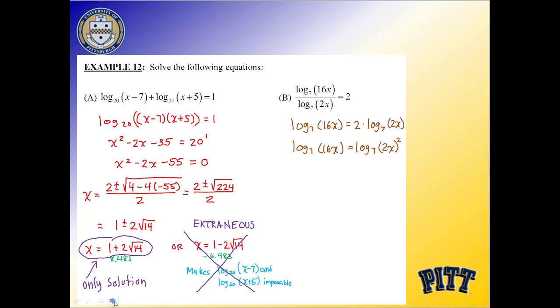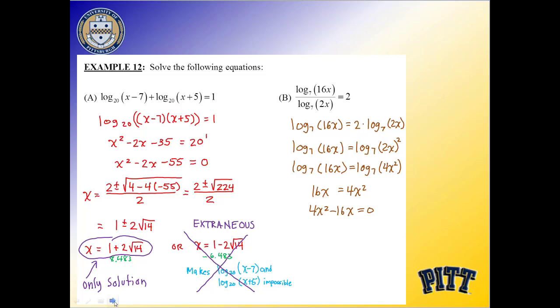Therefore, here is an instance where I could just drop the logarithms out. I really don't have to apply an exponential. I do square 2x first, but the log base 7s do cancel out. That kind of cancellation also brings about the potential for extraneous solutions, so I still have to be on the lookout for those. Now when I solve this equation, I have a very simple quadratic equation here.